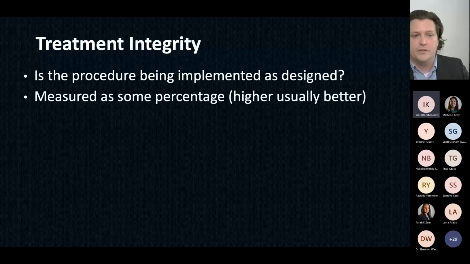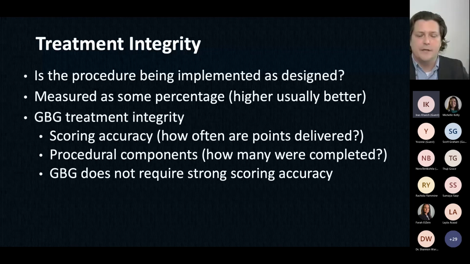In the good behavior game specifically, there are two general ways to collect data on treatment integrity. One of them is called scoring accuracy. This relates to one specific component of the game, which takes place for the longest amount of time during the game.